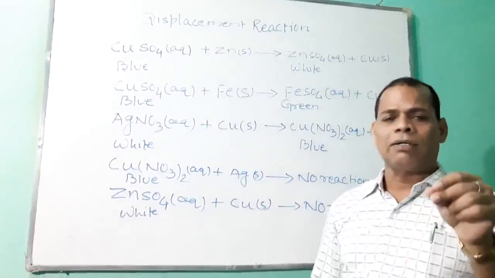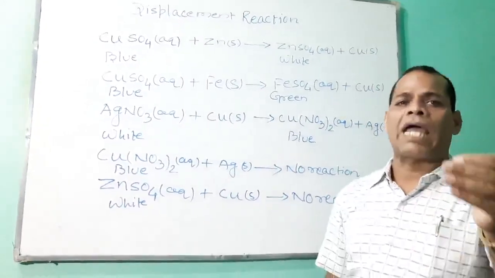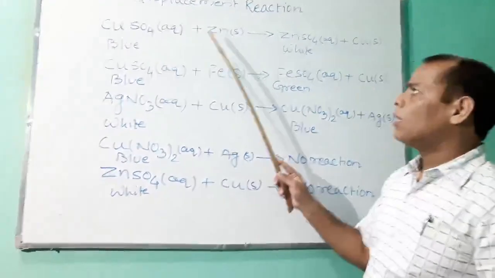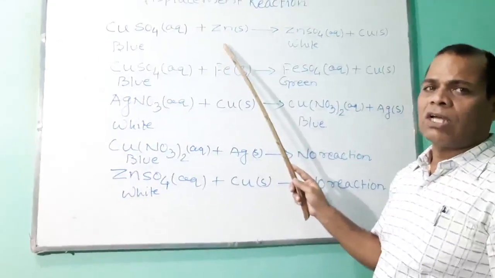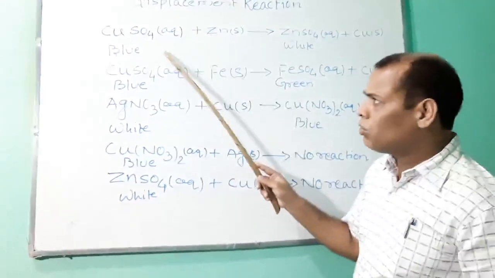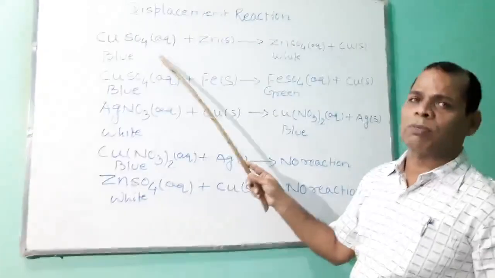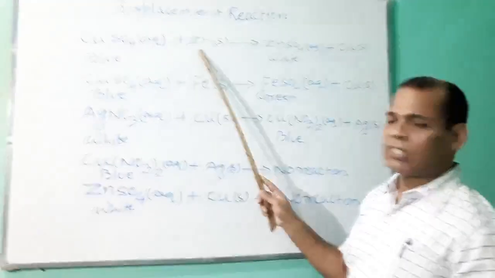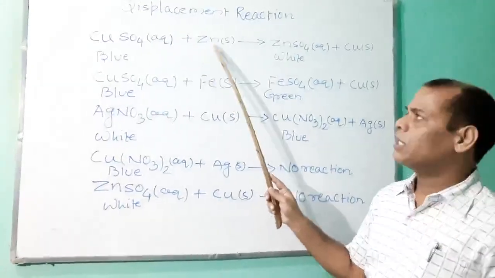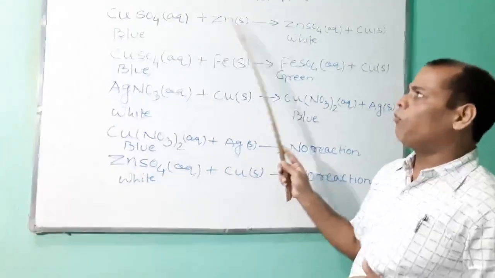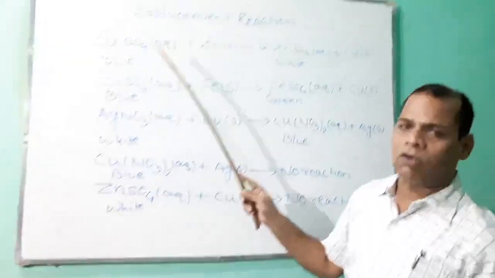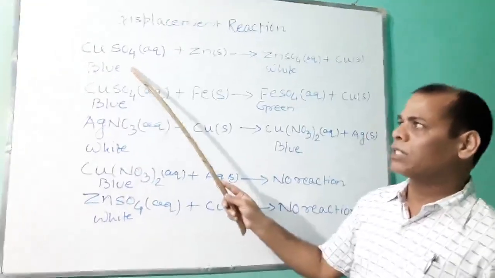Otherwise, it shows a little unreactive nature. So before you put the zinc metal into the aqueous solution of copper sulfate, rub it with sandpaper.